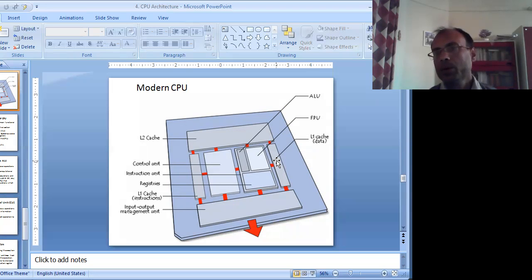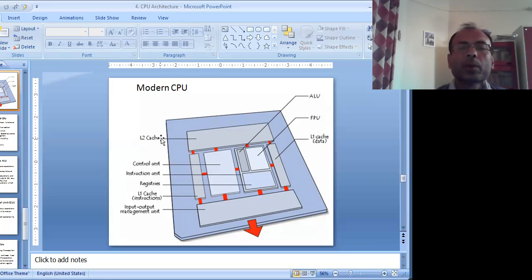Again, later we will talk about cache memory. Then there is a set of registers inside this unit. This is the instruction unit having the entire instruction set. Here, this is the control unit, which is responsible for generating control signals for the operations of the computer. And here, this is the L2 cache memory.